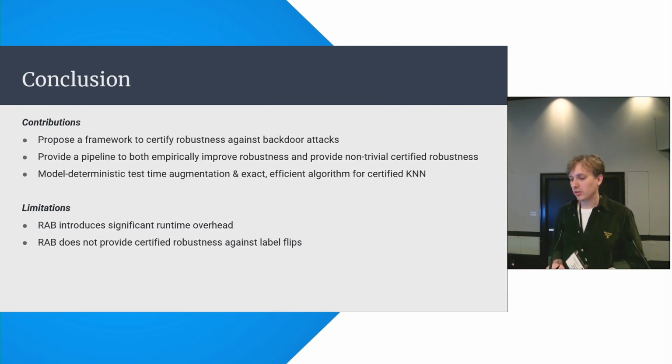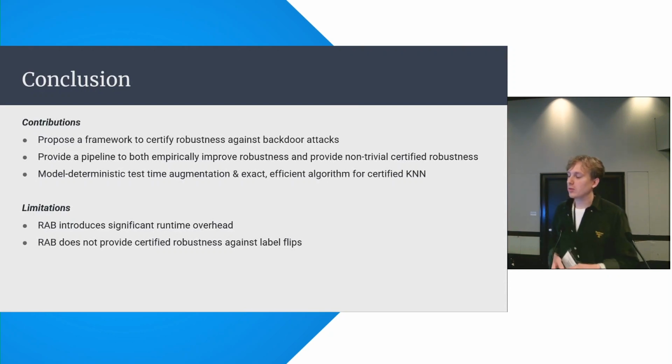Now, there are also limitations of this work. The first is that RAB introduces a significant runtime overhead because we have to compute an entire ensemble of models. For ImageNet, for example, we trained 200 models, and for the other data sets, we trained 1,000 models. And of course, while it's parallelizable, it still introduces a significant runtime overhead.